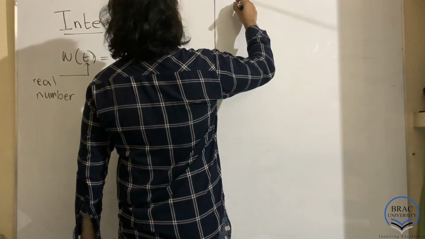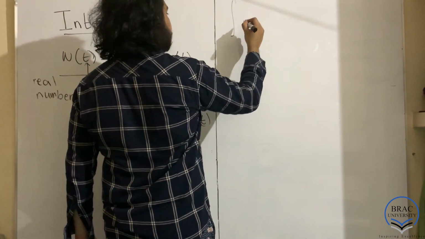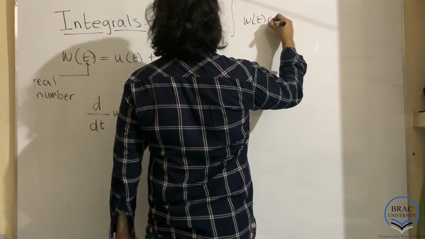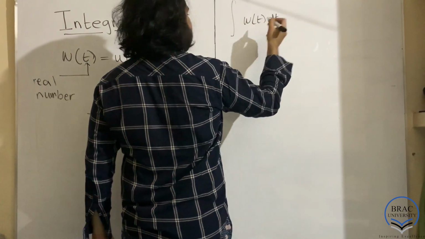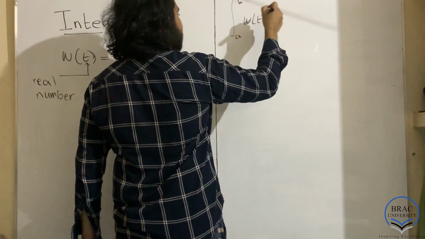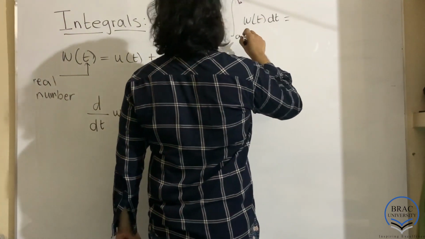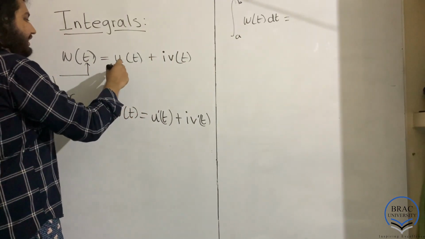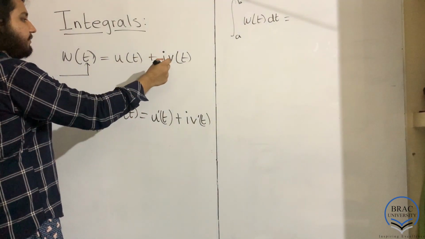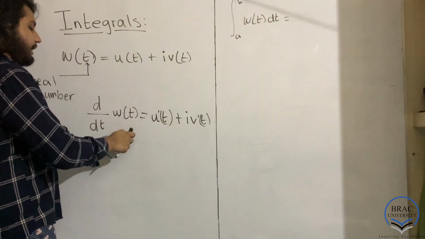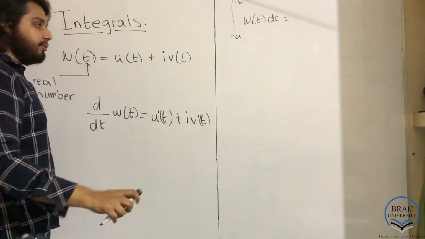In similar fashion, we can set up integrals as well. So let's say we try to integrate the function W(t) with the element of integration being t: the integral of W(t) dt, with limits a and b. Similarly, this integral operator will hit u(t) and v(t) separately, like how the derivative operator hit u and v separately.